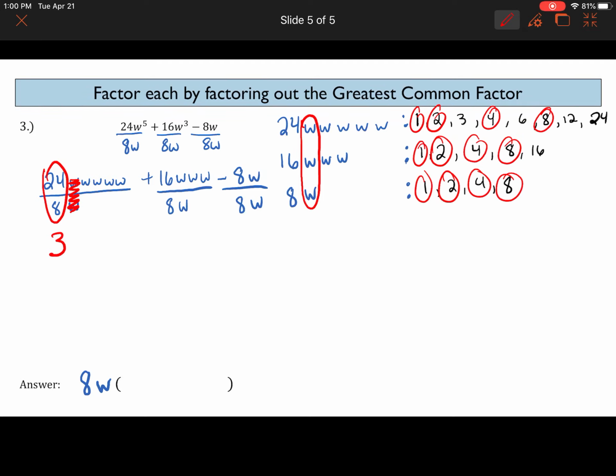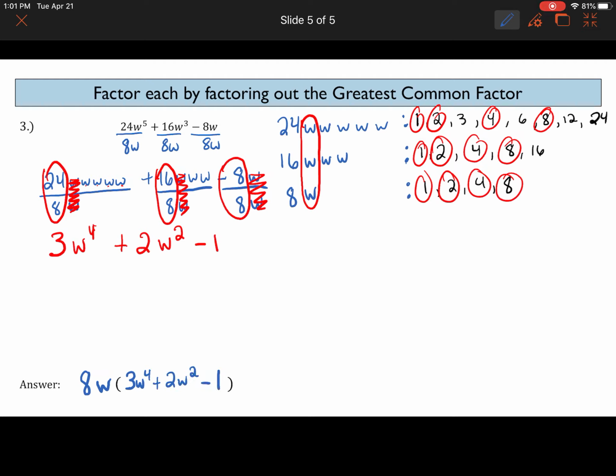I cross out my W pairs, and I'm left with 1, 2, 3, 4 W's, so W to the 4th. 16 divided by 8 is 2, so plus 2. Cross out your W's. There's 2 of them, so W squared. Negative 8 divided by positive 8 is negative 1. Cross out the W's, nothing left, that's it. So that goes inside my parentheses. 3W to the 4th plus 2W squared minus 1.